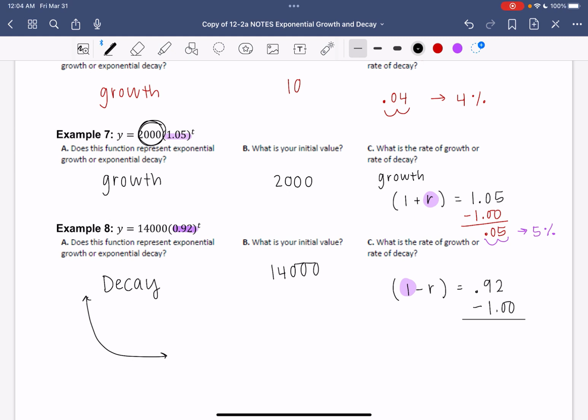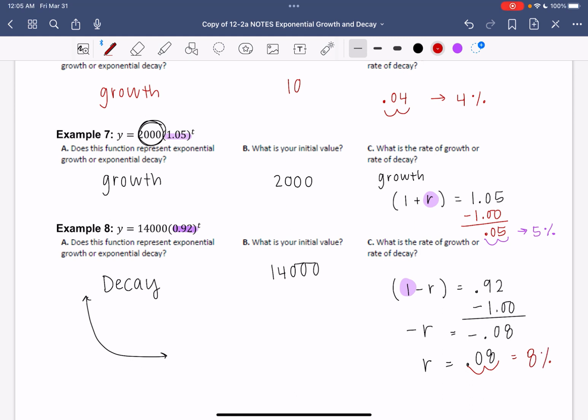But when you do that, you get negative 0.08. Well, that negative r, we don't want a negative r, we want a positive r, so we have to divide by negative 1. When we divide by negative 1, it changes this to a positive r and our rate to 0.08, and then you move the decimal over twice. So our rate of decay was 8%.